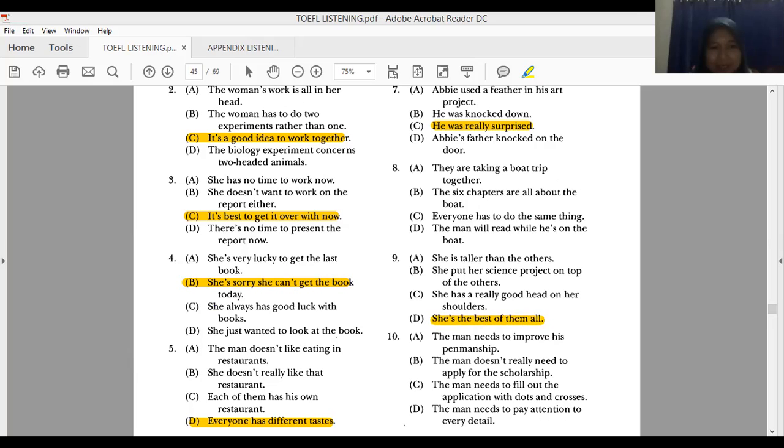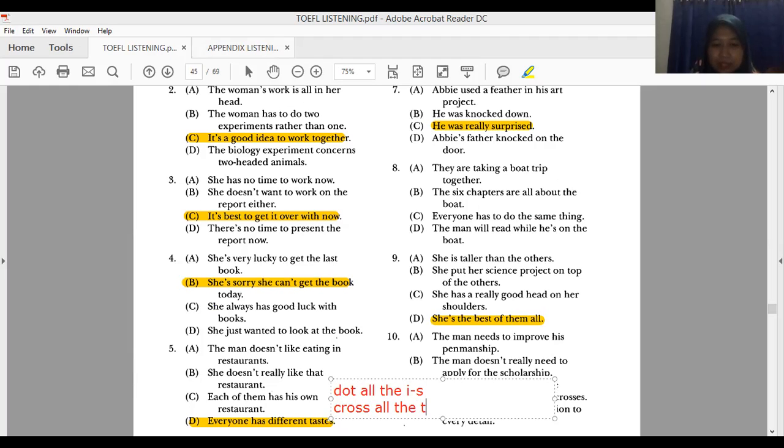Get the idiom. I can't believe how many forms I have to fill out to apply for the scholarship. Yes, and you should be sure to dot all the I's and cross all the T's.